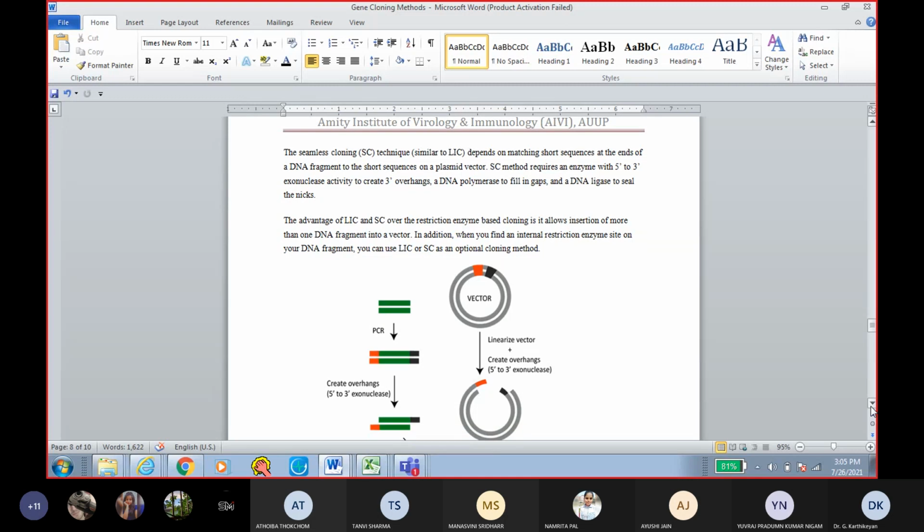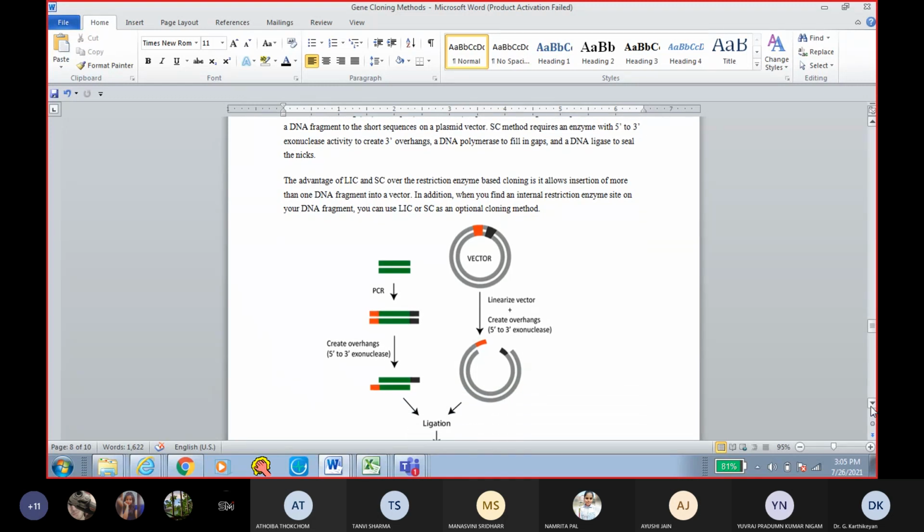There are minor differences between LIC, which is ligation independent cloning, and seamless cloning, and different people use these. But in a typical molecular biology lab, ligase is the most common thing along with your plasmid vector. Most people would use ligase for cloning.